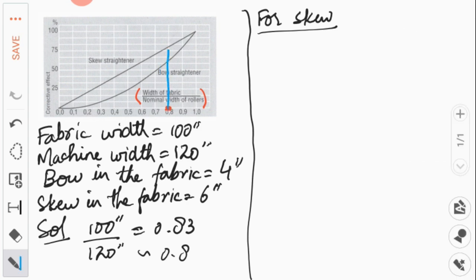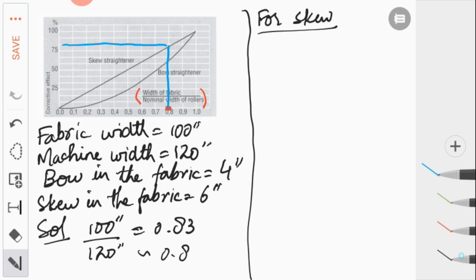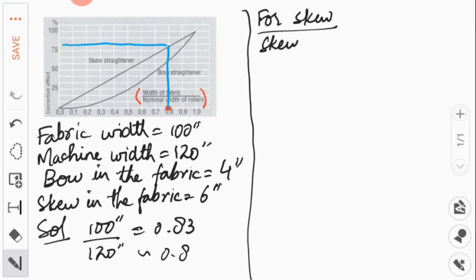From this point we extend a line vertically upward until it intersects the skew straightener line, and then we trace this point horizontally to intersect the corrective effect axis. So from here you can see that the corrective effect for skew is approximately 80%. You don't need to be very accurate here because the axes on the graph are not very accurate.